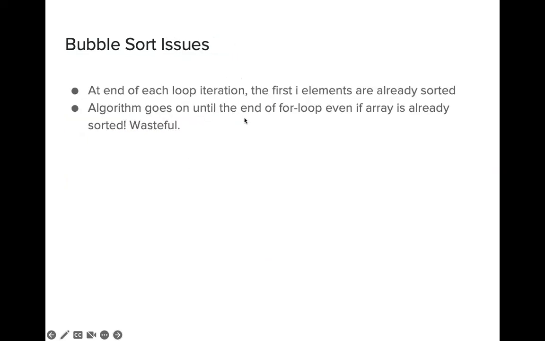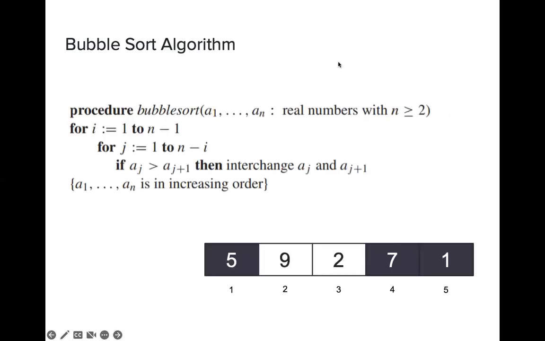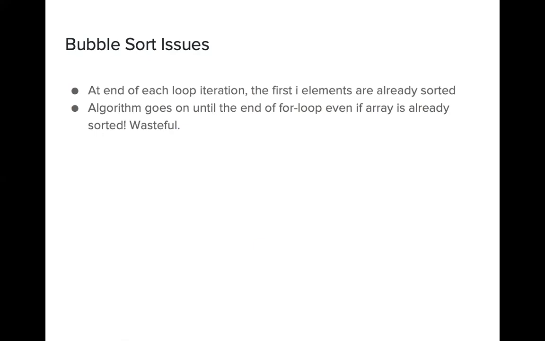At the end of each loop iteration, the first i elements are already sorted. And the algorithm goes on until the end of the for loop, even if the array is sorted, which is wasteful. Oops, there is a mistake in the bubble sort slide.